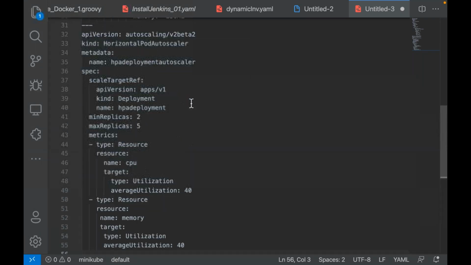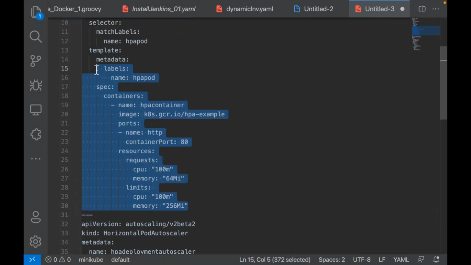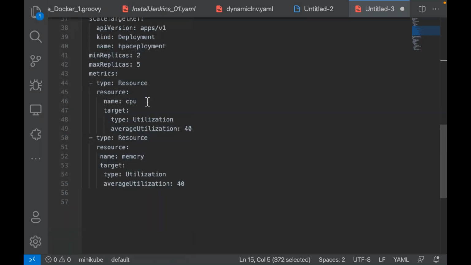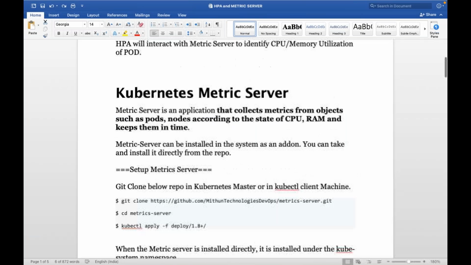Now, if I want to access this application within the cluster or outside the cluster, do I need to create one more object called service, which you already know? Yes. Now I am creating a service.